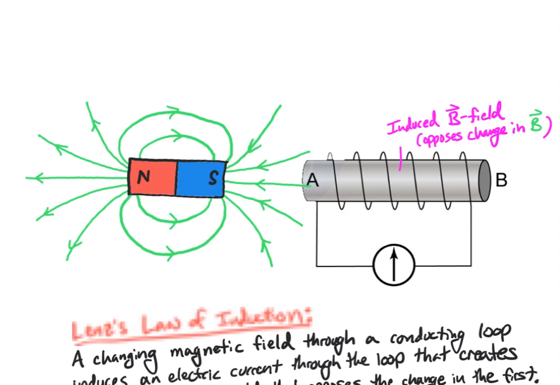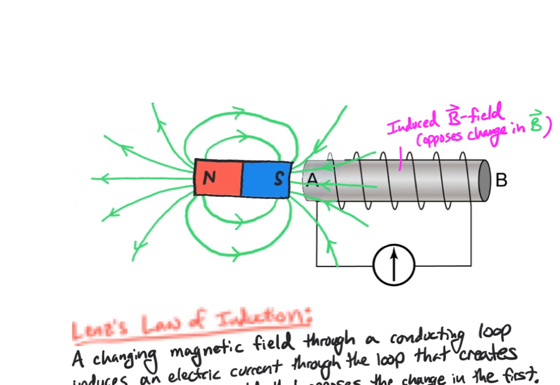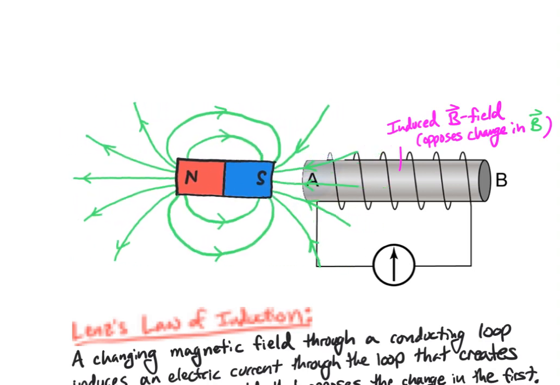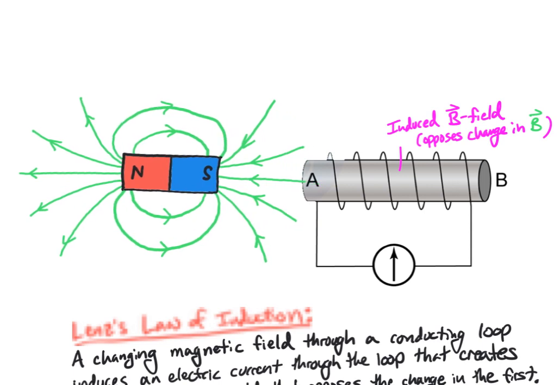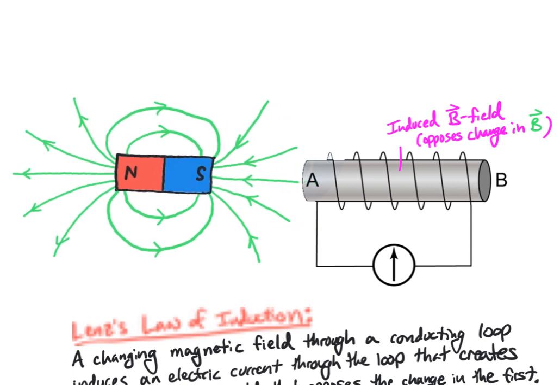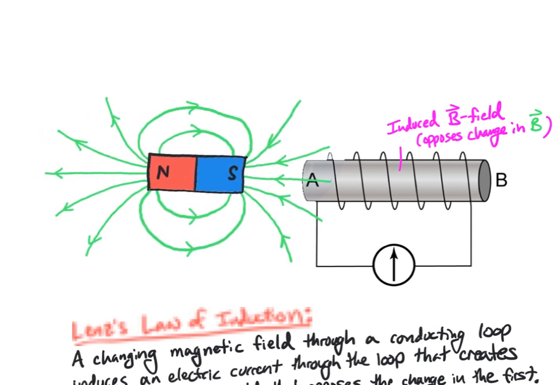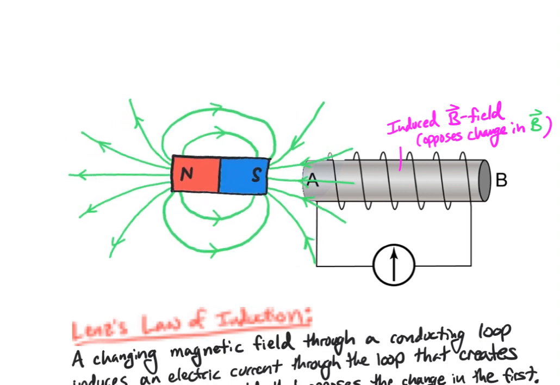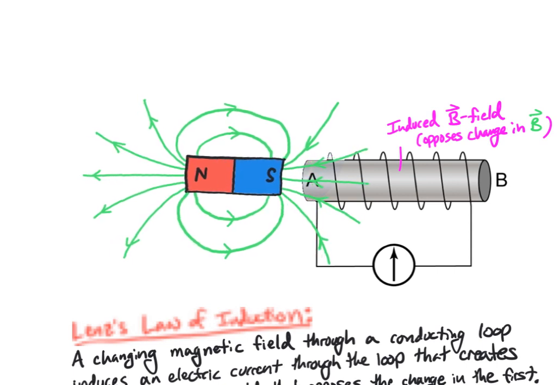It turns out we can treat how many field lines are piercing through the cross-section of our solenoid as a flux. So for example, right now, you can see that there is only one of the field lines that I've drawn passing through this end of the solenoid. But as I move the magnet closer and closer, more field lines enter into that surface.